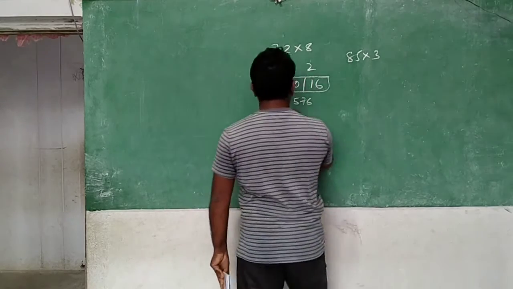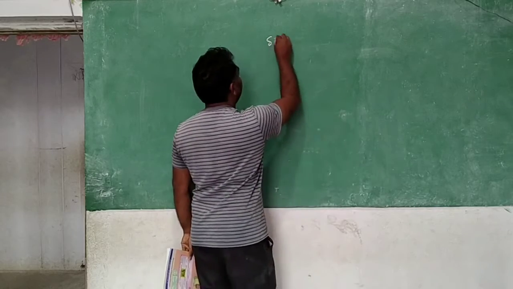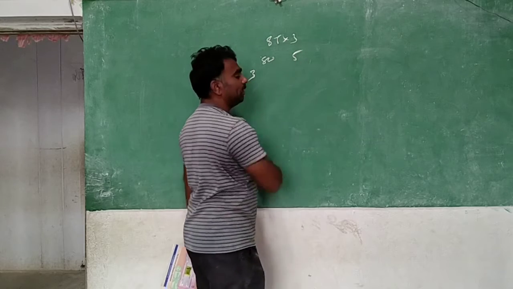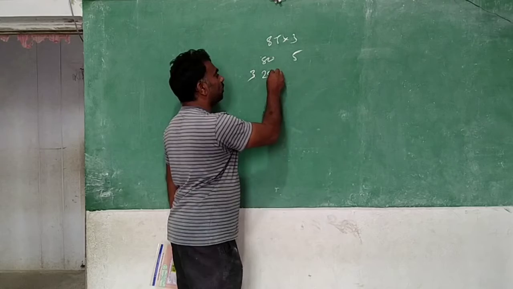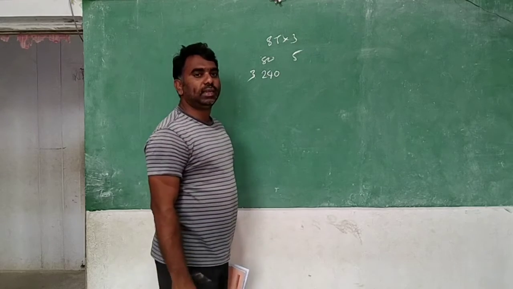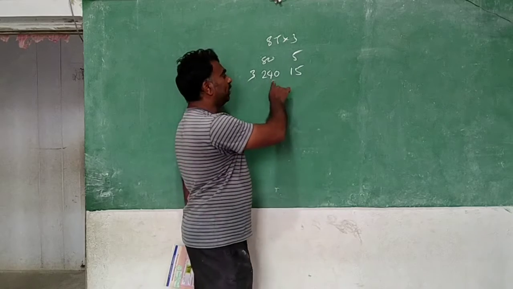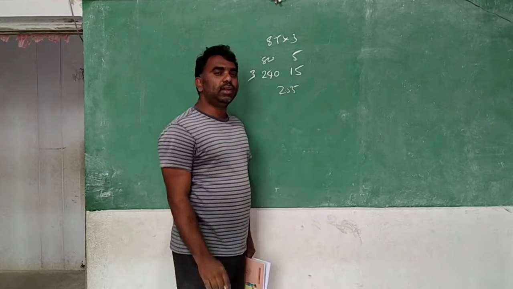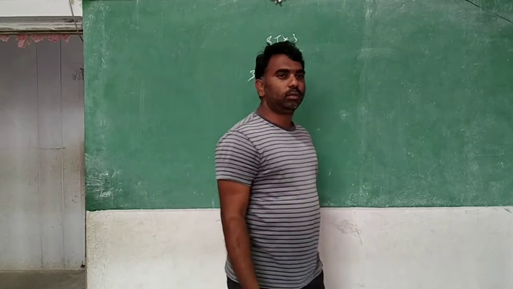How do you say it? 85 3s are means 80 and 5, so you multiply with 3. 3 80s are 3 8s are 24, side 0, 240. 3 5s are 15. 240 and 15 is 255. Like that you will be able to say the 85 table also.